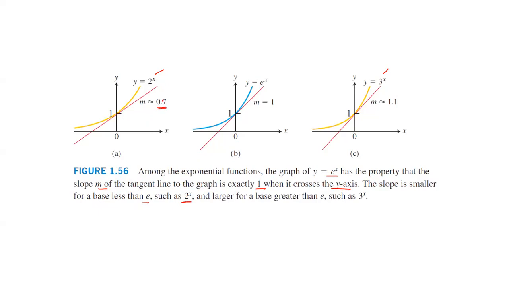The slope is smaller, 0.7, less than 1, and larger than 1 for a base larger than e, such as 3 to the power x.